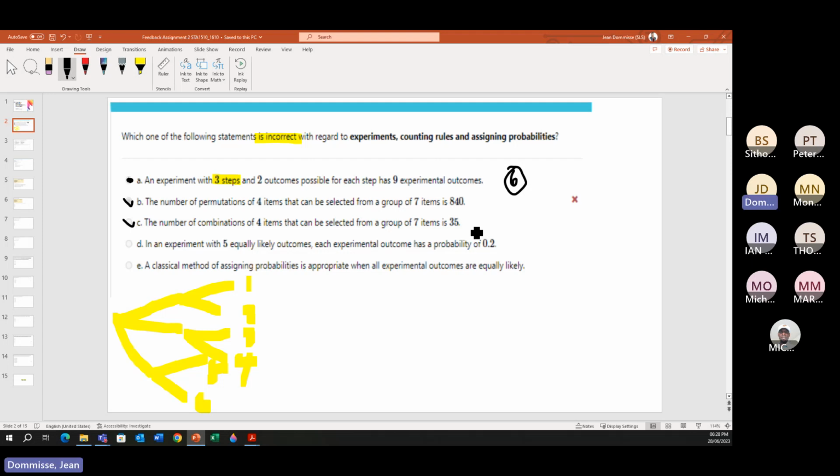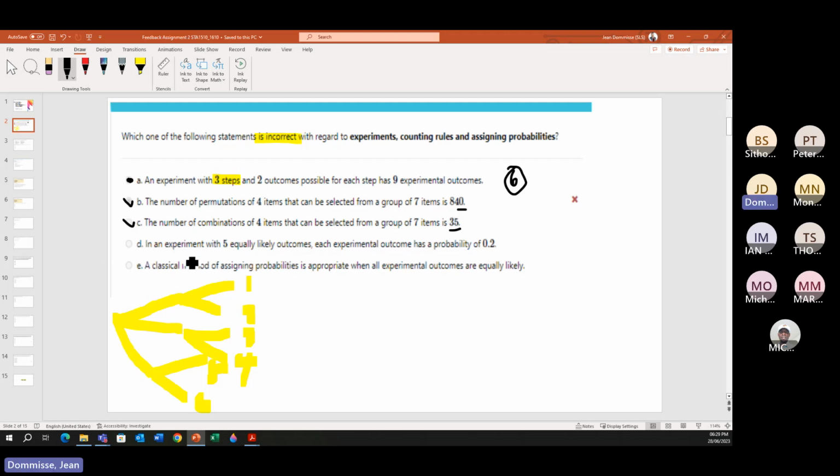So I've now worked out the permutations with a calculator and I do get 840. So on my HP there's already a formula loaded for it. And then for combination as well, this is the right answer. So those two are definitely correct.